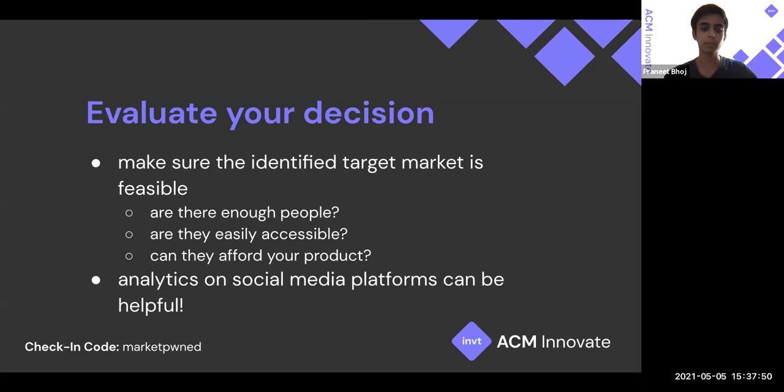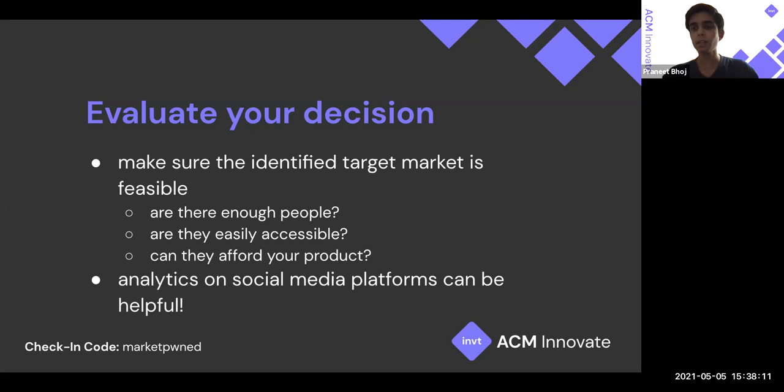Obviously people that are using your product will only be buying it if they can actually afford it. So if you base your target market off of your existing customers, then you'll likely end up targeting a group with an appropriate income to afford your product. And so affordability shouldn't become too much of a problem.